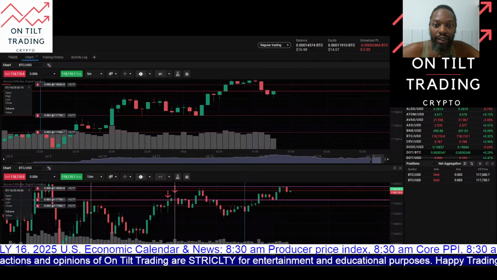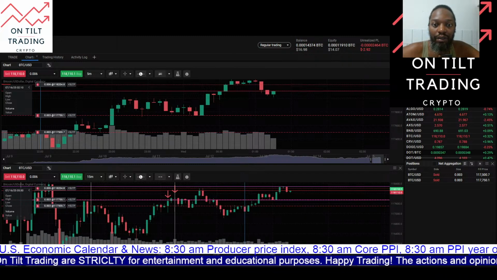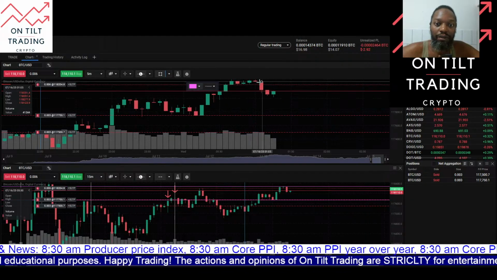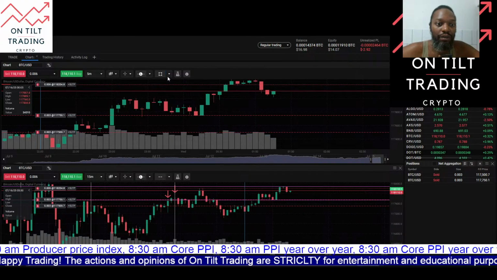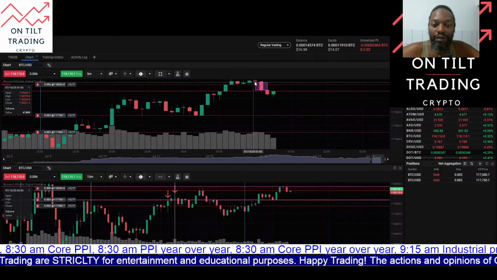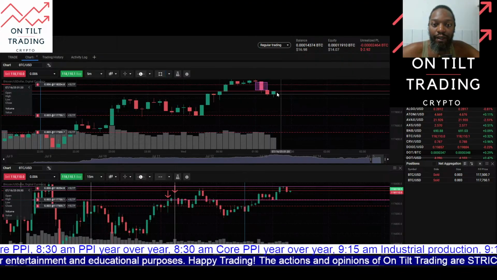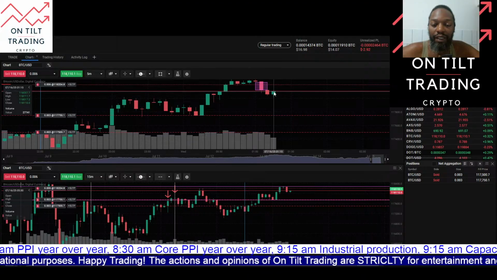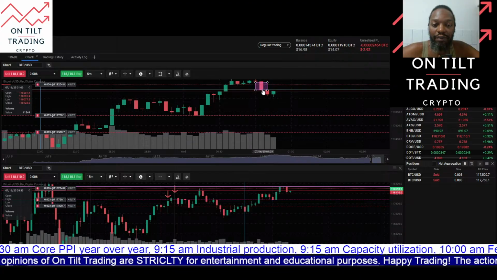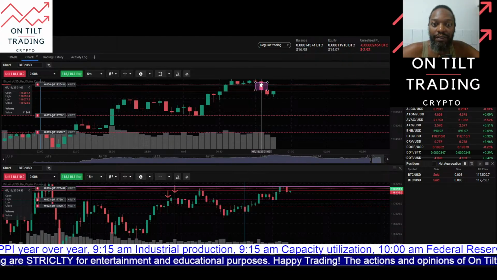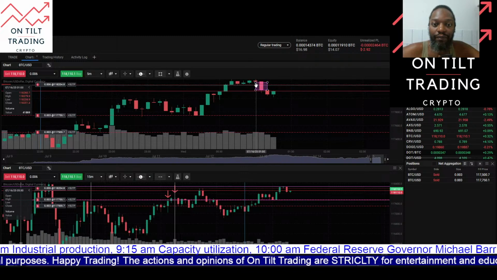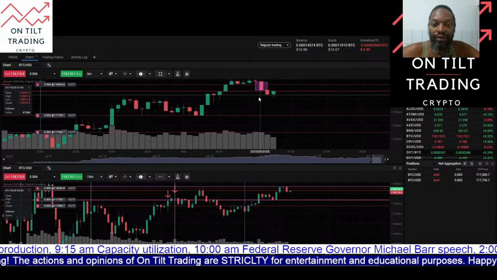Then here is a fair value gap. So I would anticipate price to trade into this, but if this is a valid fair value gap, then these three candles will prevent price from trading higher.